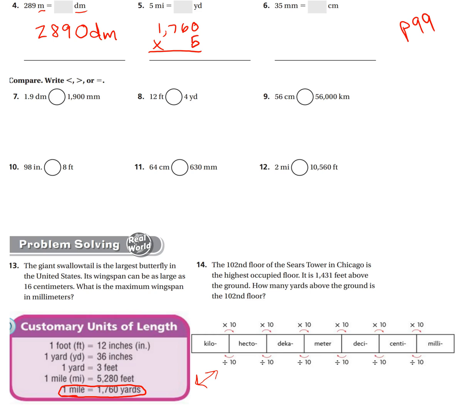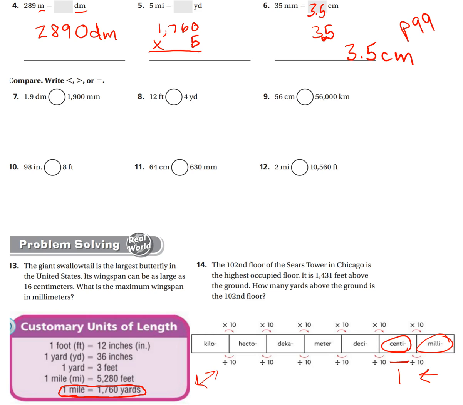Number 6, so we have millimeters, and we're going to centimeters, so we're going to the left 1, so I write my number, I take my decimal, I move it to the left 1, and this becomes 3.5 centimeters.